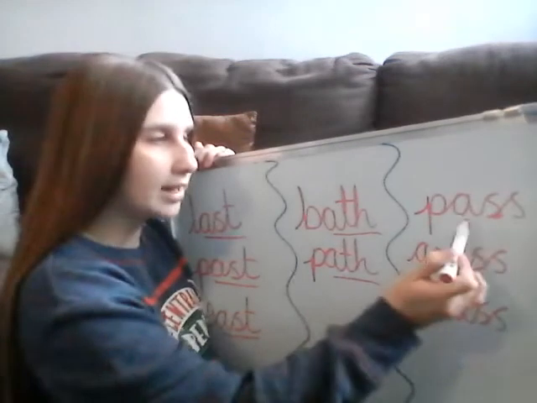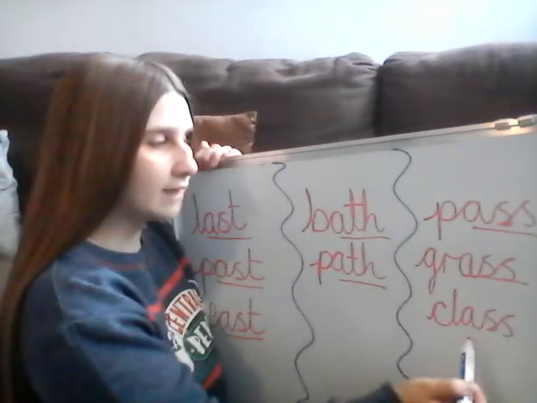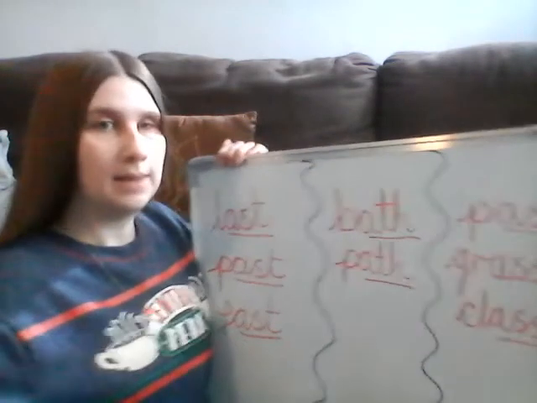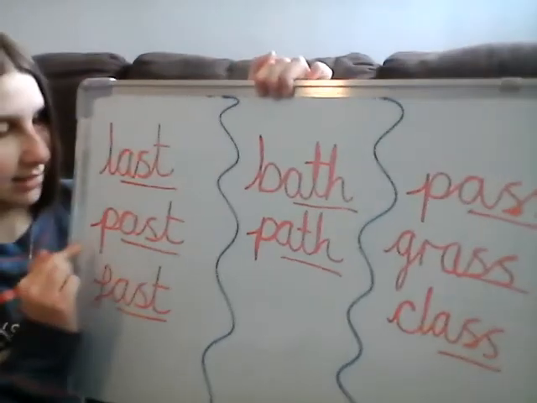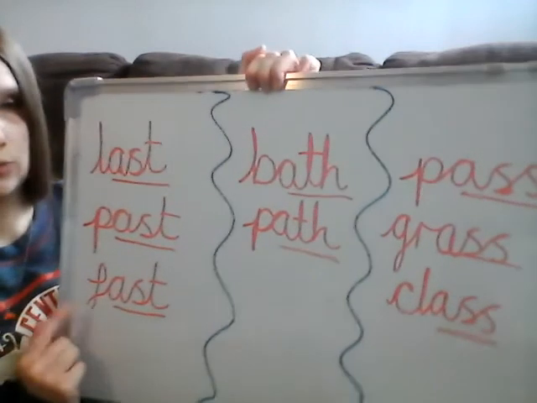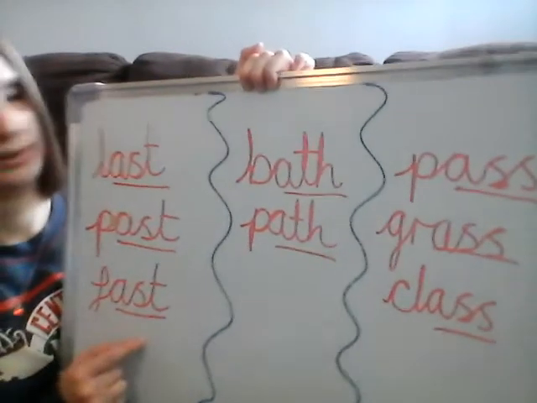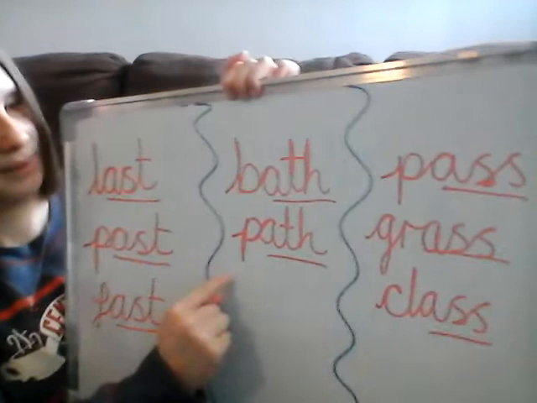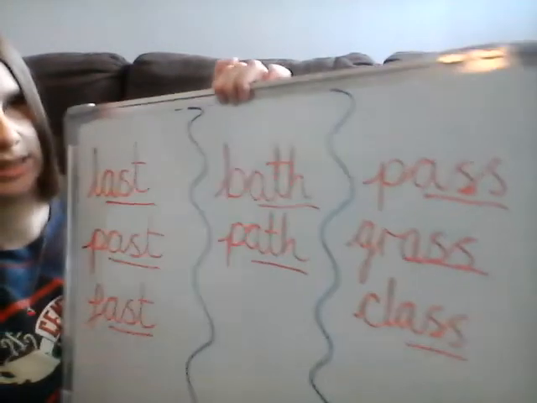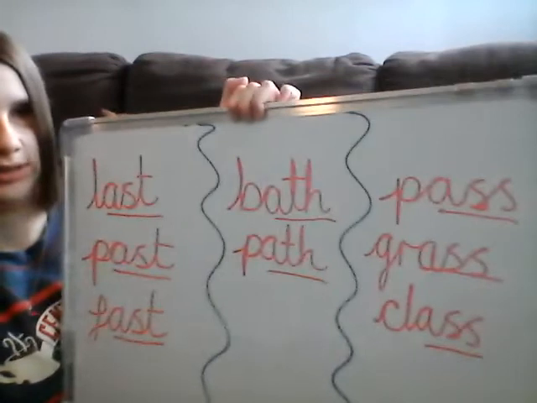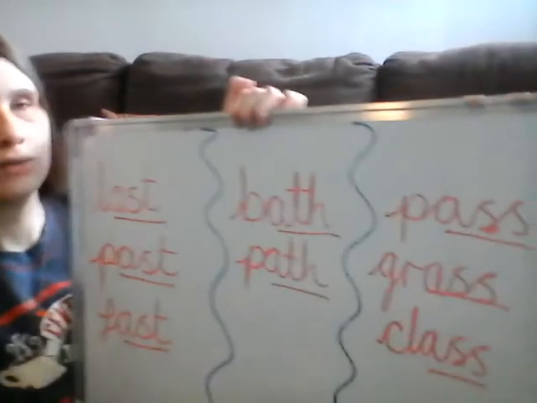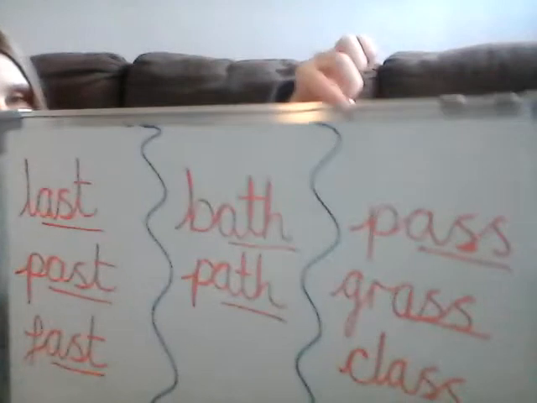Okay, and hopefully again you'll see why I've put these 3 in the same column, because they also end with the same letters. So let's go through them one more time. We've got last, past, and fast, which all end in the same letters. We've got bath and path, which end in the same letters. And we've got pass, grass, and class, which end in the same letters. Now it's important to remember that they've got 2 S's on the end.